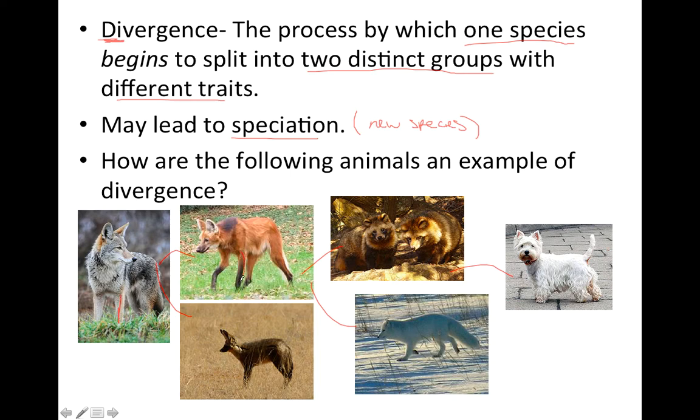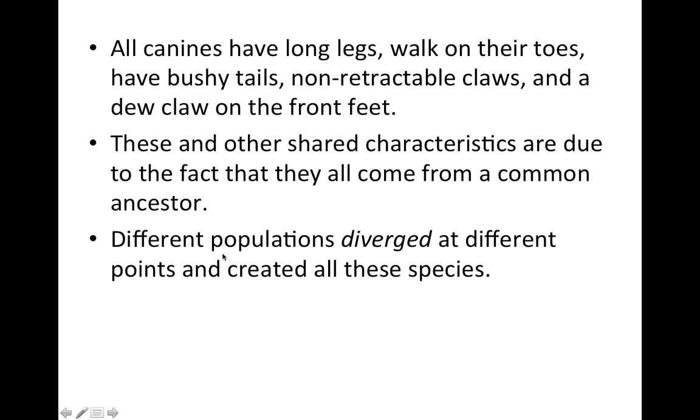We've got really long legs here for this creature. We've got big ears for this canine, still part of the canine family. We've got really bushy coats of fur, all white. And then now we've got our domesticated animals right back here. So process in which one species splits into 2 distinct groups or multiple distinct groups.